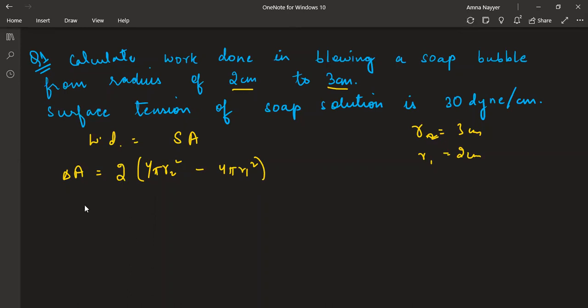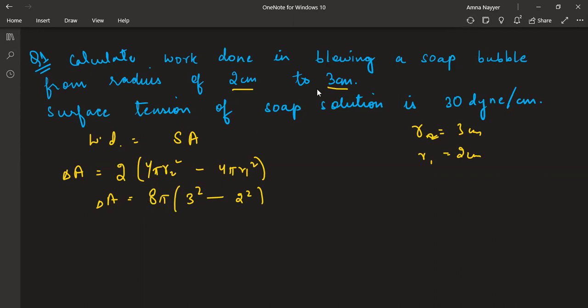All right. Now see what will be delta area. You take 4 pi common, that becomes 8 pi after doubling, and R2 square means 3 square, and from here R1 square is left, that becomes 2 square. Understood? I have taken 4 pi common, so 4 pi from here, 4 pi from here, that makes it 8 pi.